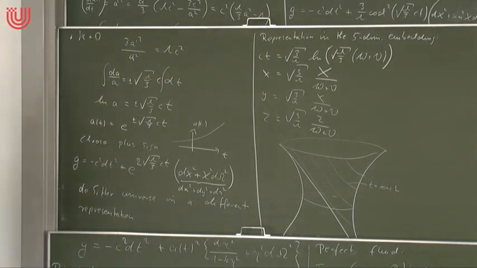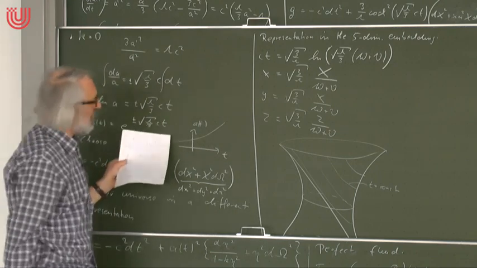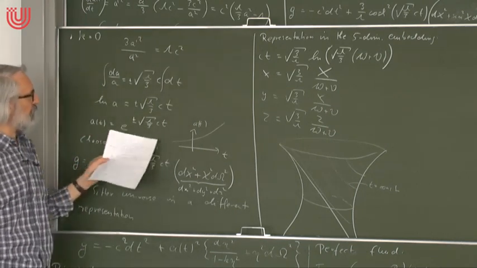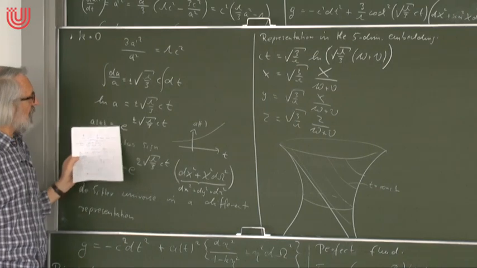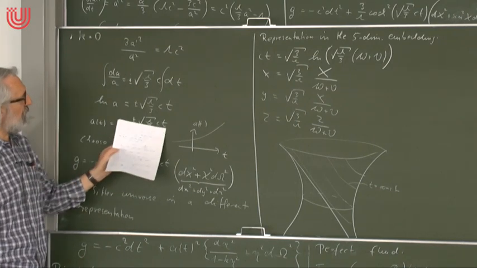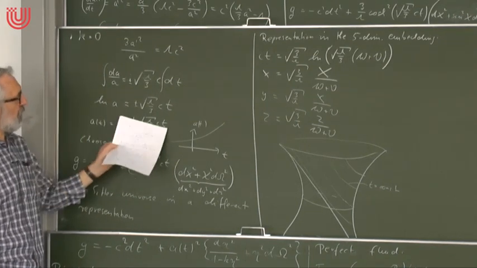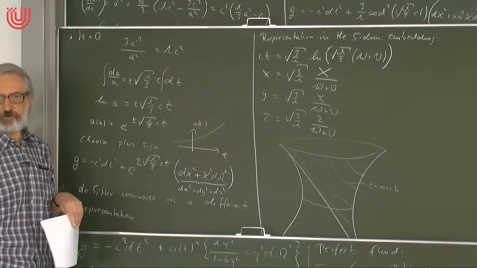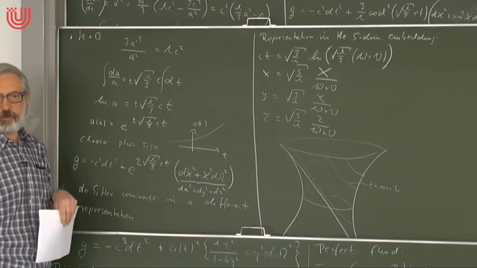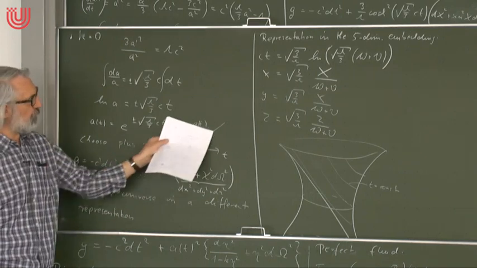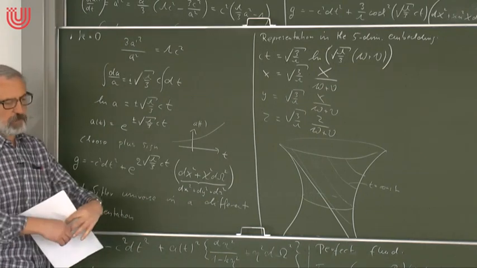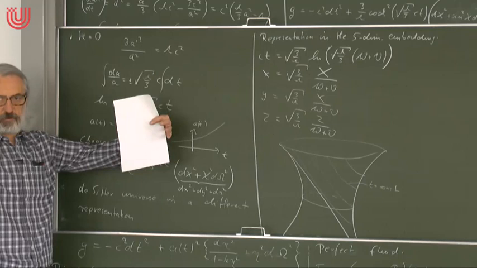So if you remember, I mentioned this briefly when we discussed the Hubble constant. If the scale factor depends on time in an exponential form, like this here, then the Hubble constant is really a constant. It is independent of time. Yeah? So this is an example for a spacetime where the rate of expansion is constant.